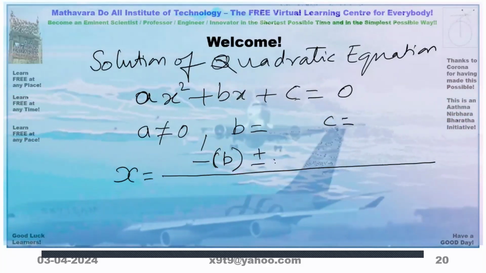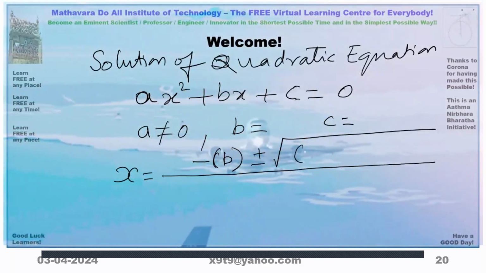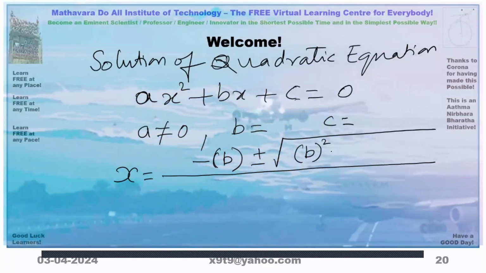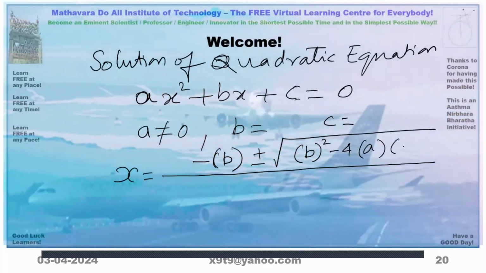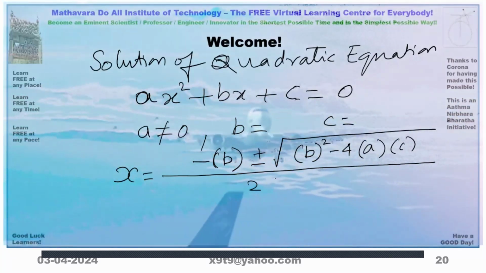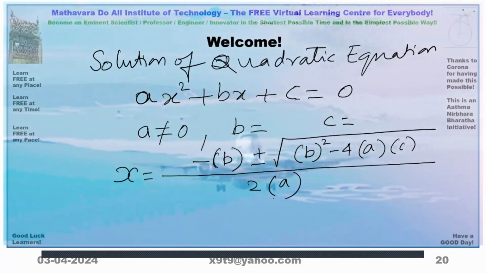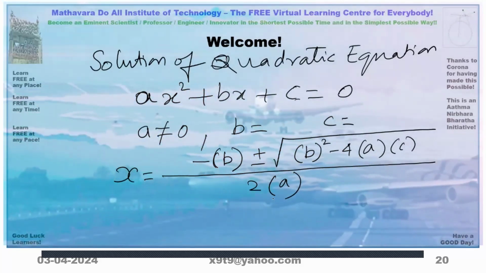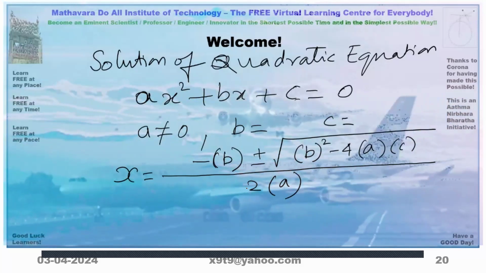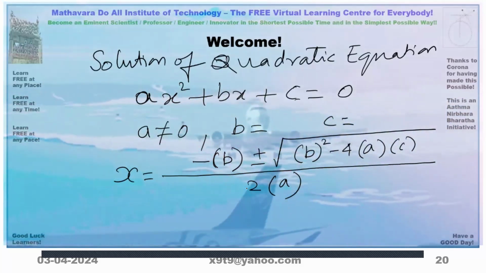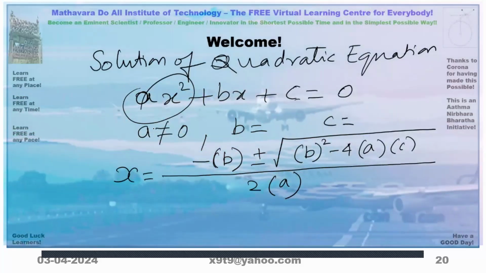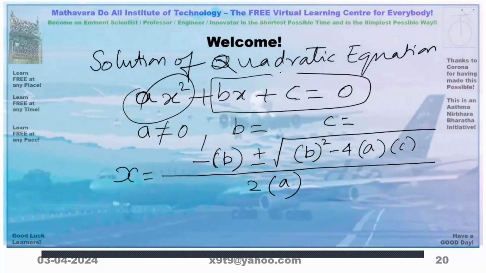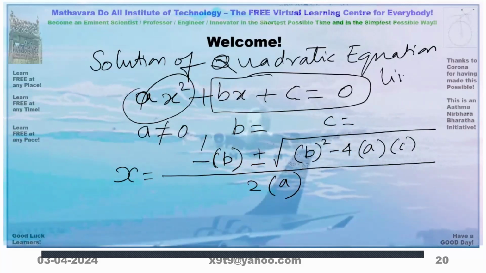Then b square minus 4ac, by 2 into a. So a, b, c can have positive number, negative number, anything. But a should not be 0, because if a is 0, this term is missing. So it is not called a quadratic equation. Only this much is called a linear equation.